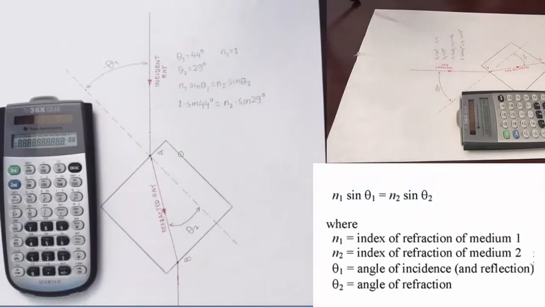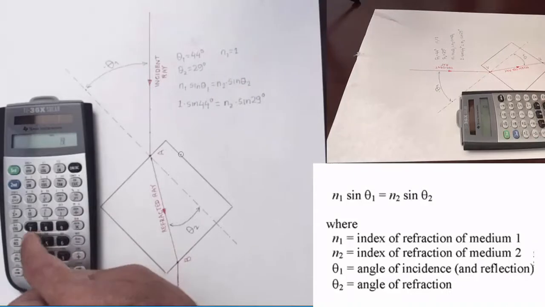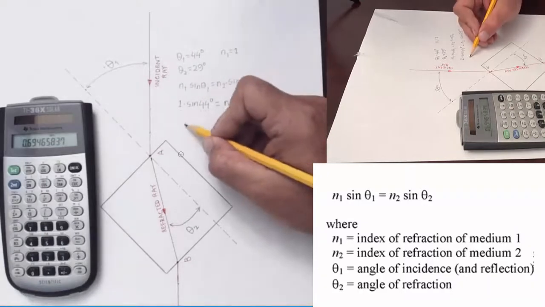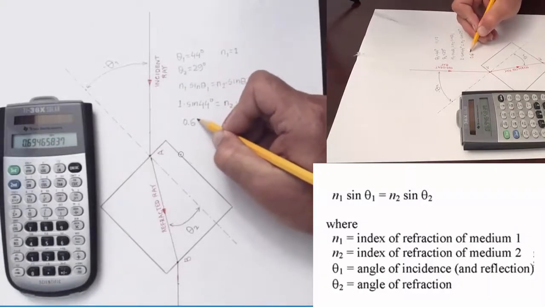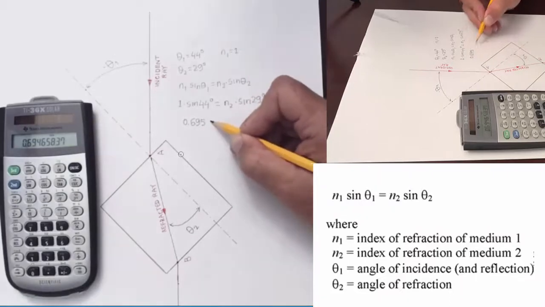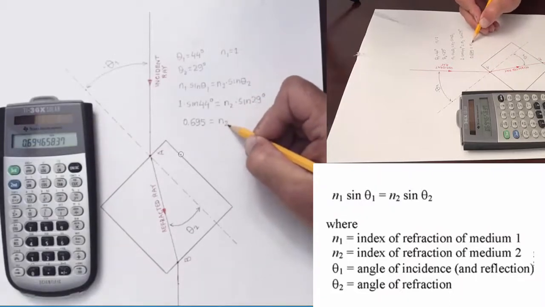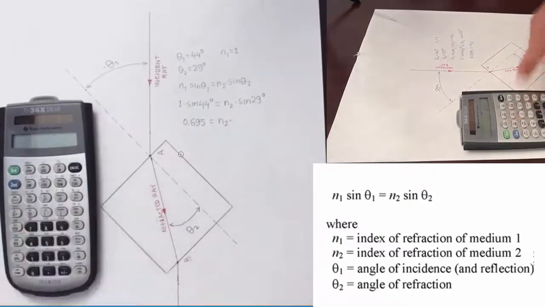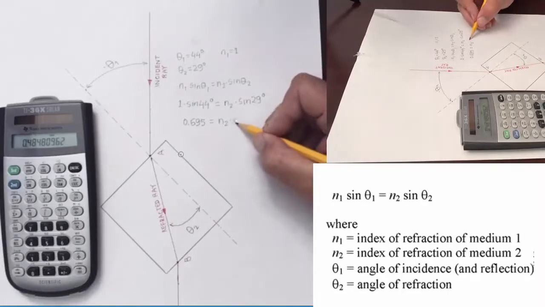We are going to perform these trigonometric operations. Sine of 44 degrees is equal to 0.695, equal to n2 times sine of 29 degrees, which is 0.485.